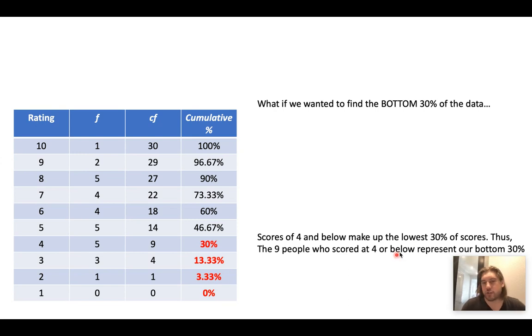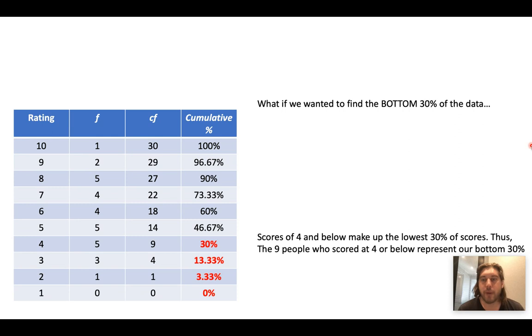We could also ask questions like, we want to take the bottom 30% and get them some help, some tutoring or whatever. They need to go talk to the counselor about any issues they're having. So we can use this cumulative percentage to identify people who need assistance on the bottom end.